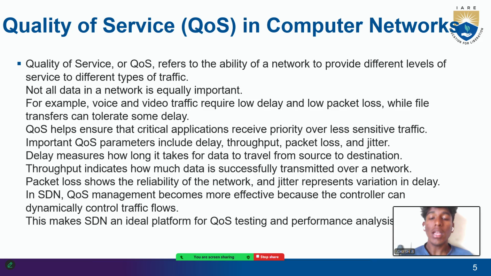Packet loss shows the reliability of a network, and jitter represents variation in delay. In SDNs, QoS management becomes more effective because the controller can dynamically control traffic flows. This makes SDN an ideal platform for QoS testing and performance analysis.